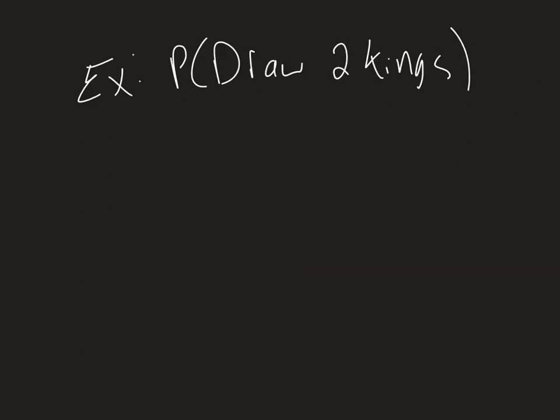Okay, let's look at a slightly more complicated example. Let's say we're looking at drawing 2 kings from a deck here, and let's assume that we're not replacing the card as we do so. So really, this kind of a subtle thing here is the probability that I draw a king and a second king.